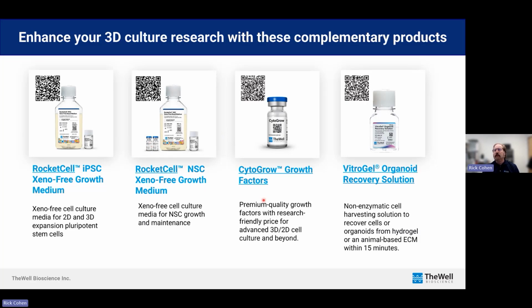And we have many, many growth factors that have been vetted extremely well with all of our researchers in-house for both advanced 3D and 2D cell culture. And our organoid recovery solution is available separately. It's also a companion product to the cell recovery solution.